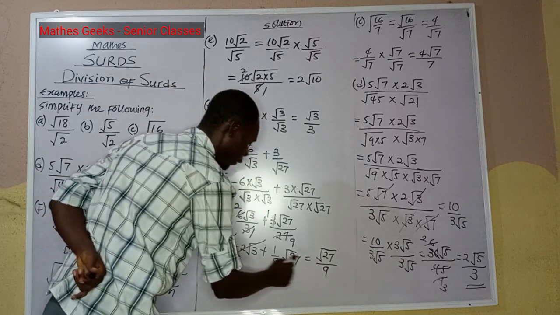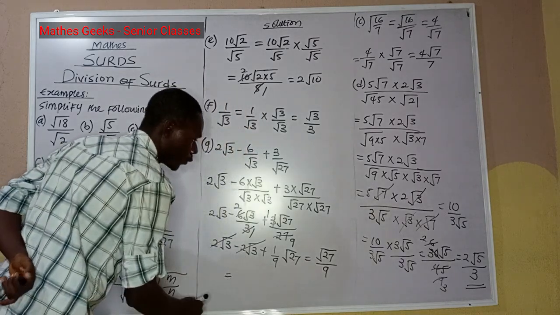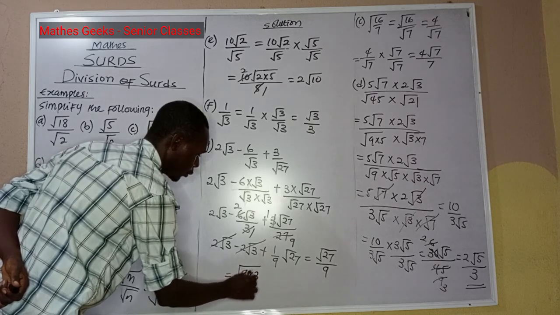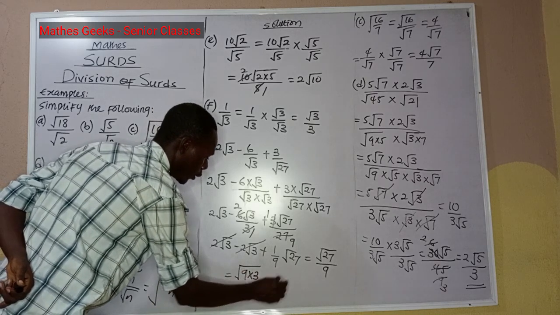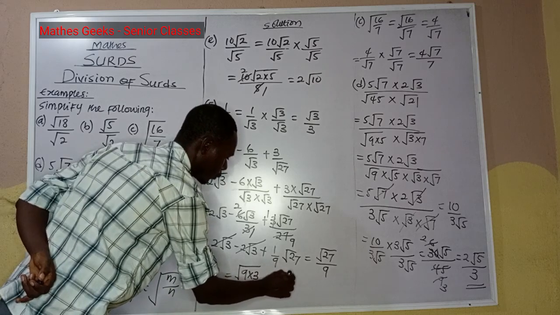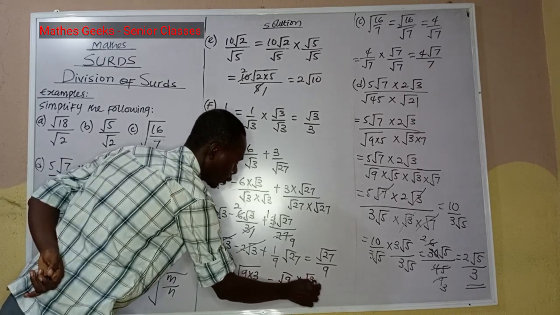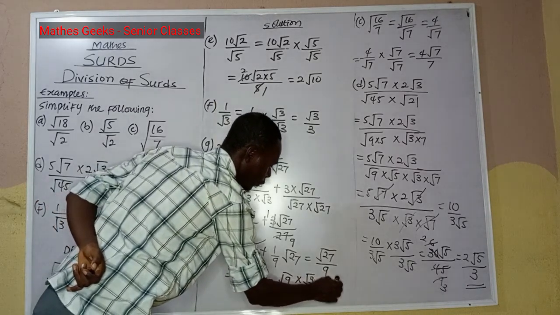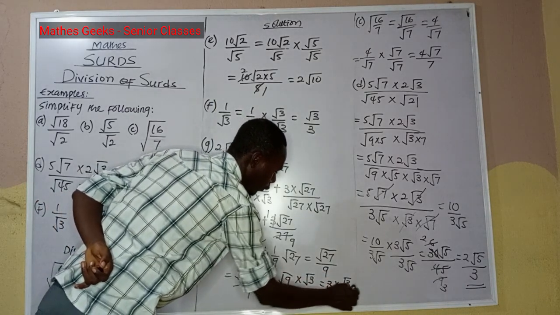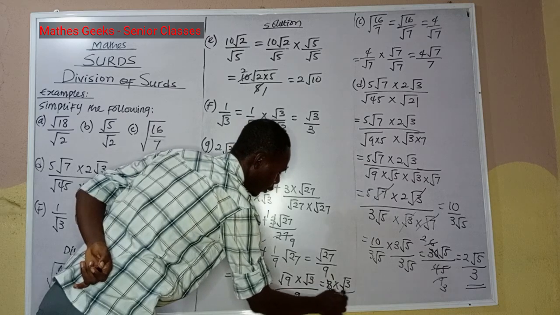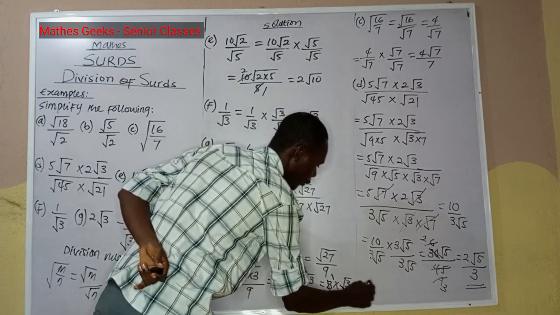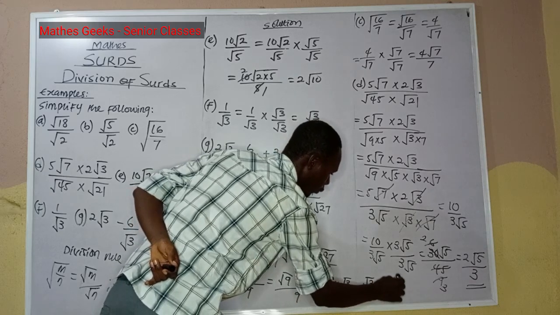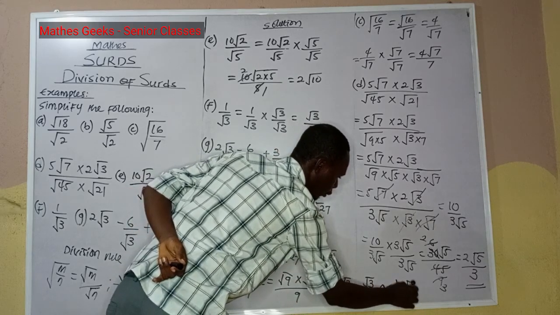Root 27 over 9 is equal to root 9 times 3 over 9, and that will give us root 9 times root 3 over 9, where root 9 is 3, so 3 times root 3 over 9. So 3 here 1, 3 here 3. And this will give us root 3 over 3, or 1 over 3 root 3.